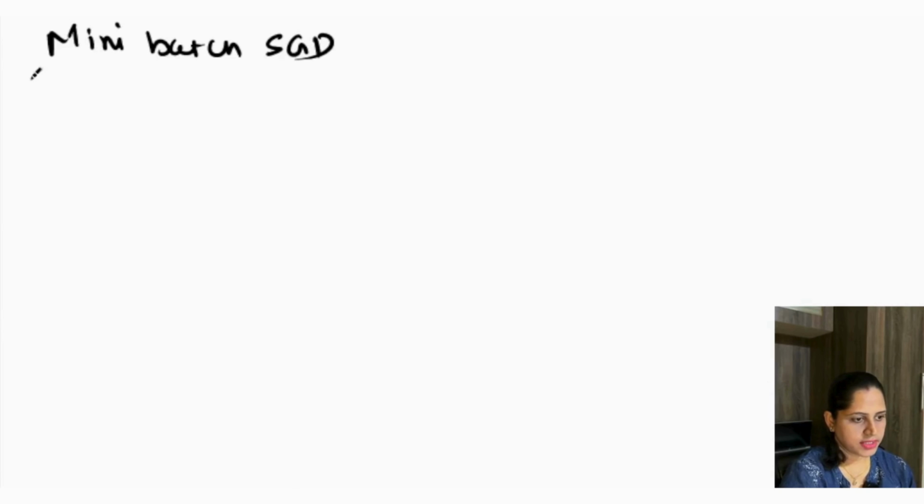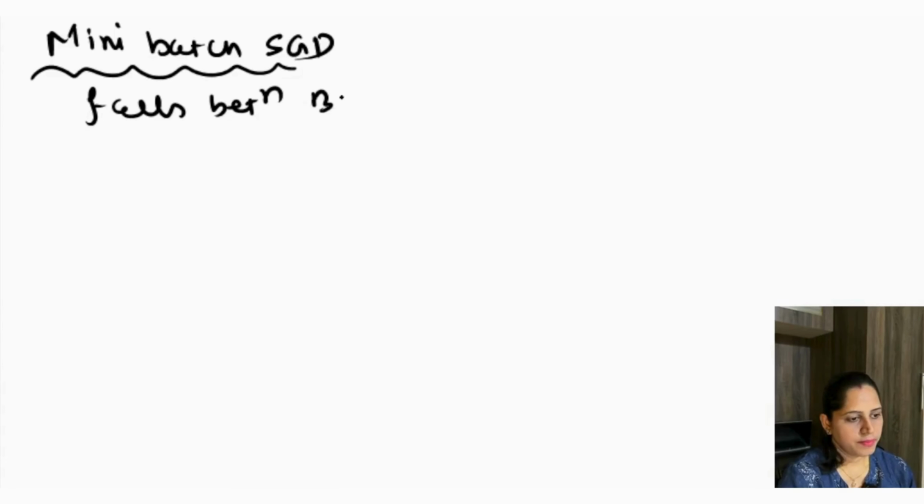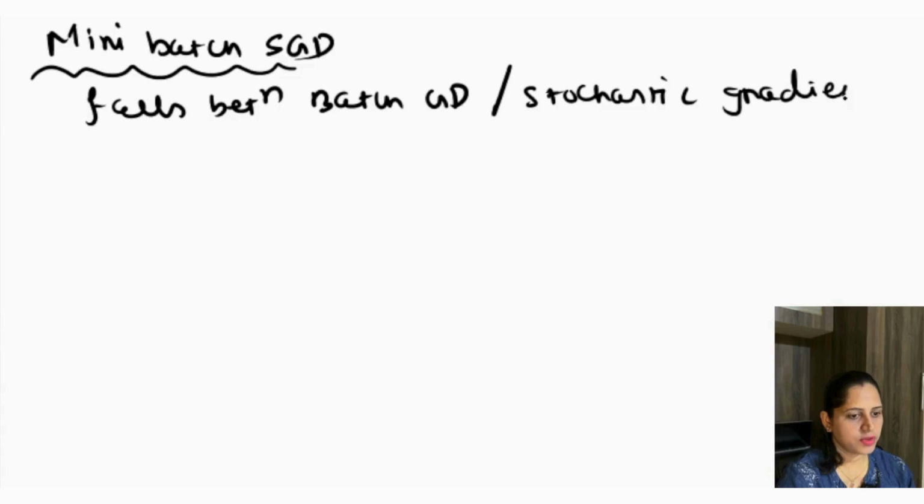Then we have one more type of concept, which is nothing but mini batch stochastic gradient descent. So what is it? It falls between batch gradient descent and stochastic gradient descent. It comes in between. What does that mean? We know that batch gradient descent takes the entire data set.